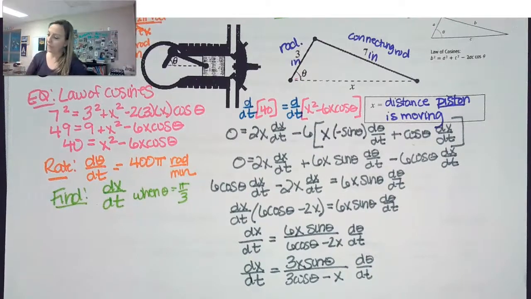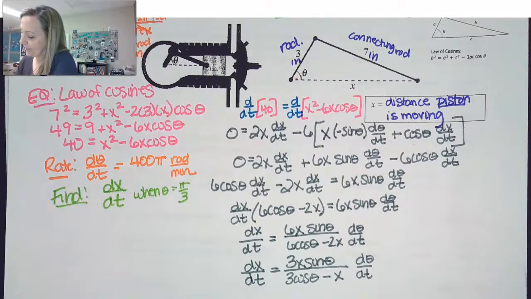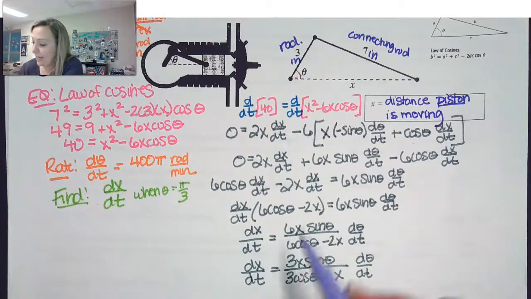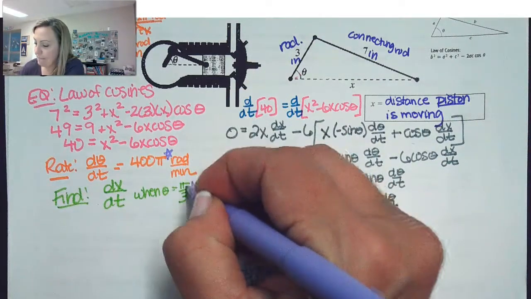So let's think about what we would do in step 3. In step 3, we're going to want to substitute these different pieces in. We are going to need something for x, and we've got d theta/dt, and we've got theta.